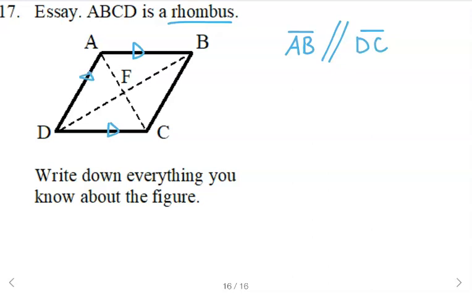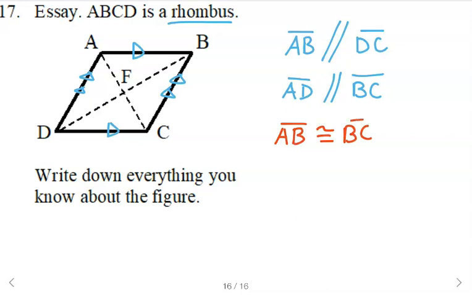We can state that AD is parallel to BC. We can state that all of these sides are congruent. We can say AB is congruent to BC, which is congruent to DC, which is congruent to AD.